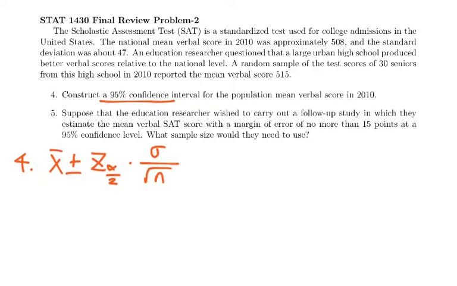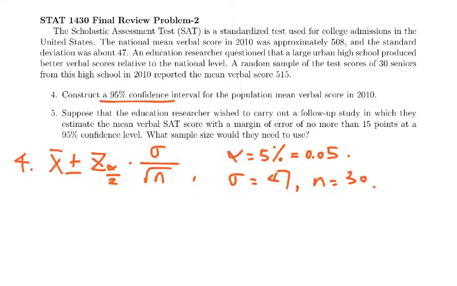Here alpha is equal to 5%, or equivalently 0.05, and sigma from the problem is equal to 47. n is the sample size, which is 30.